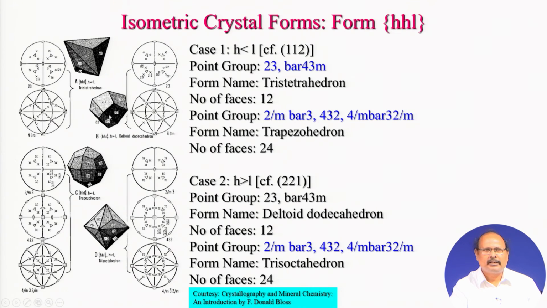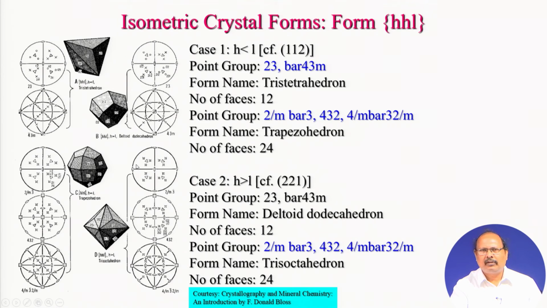deltoid dodecahedron. And if you have a situation where you have 2 over m bar 3 and 432 and 4 over m bar 3 2 over m, you will have, as we have seen before, a set of 24 faces and we call it a thrice octahedron. So, you have an octahedron face, that is 111. There are 8 such faces in an octahedron.